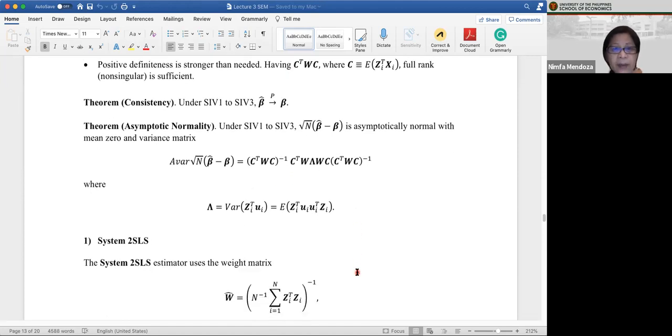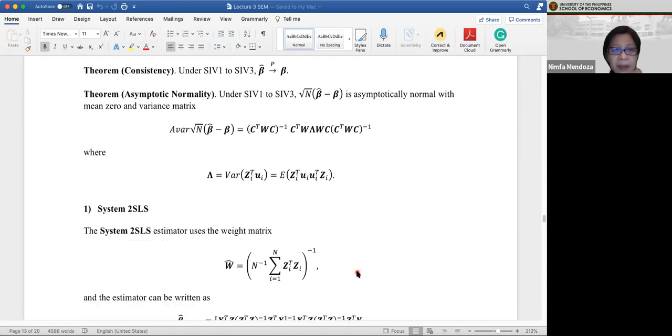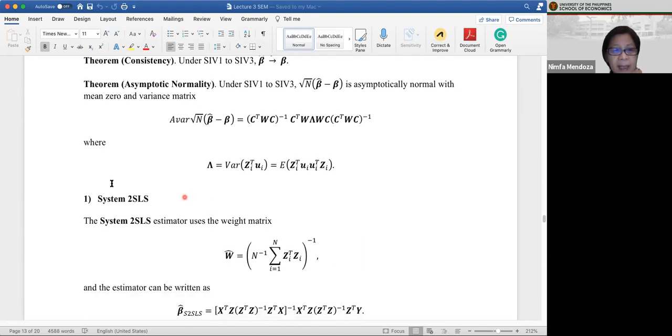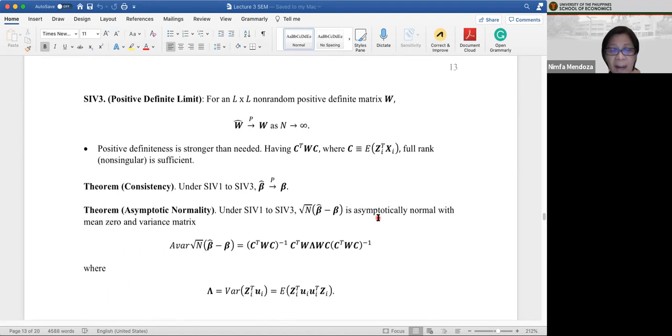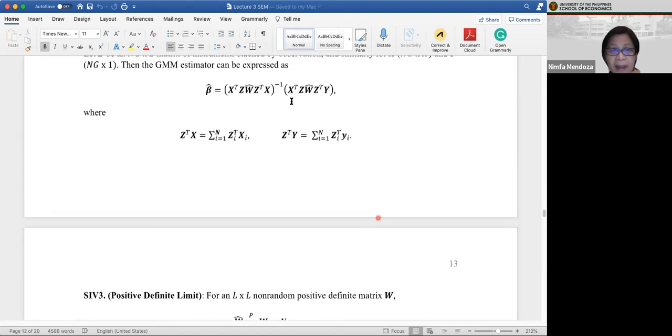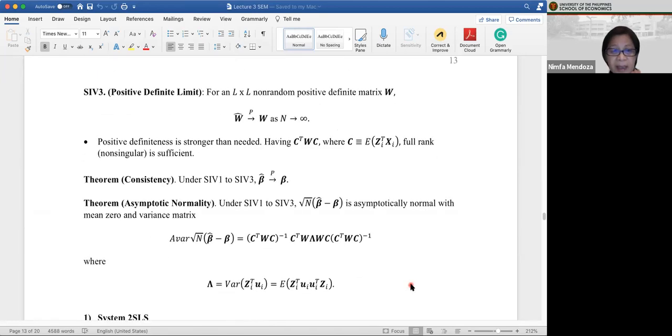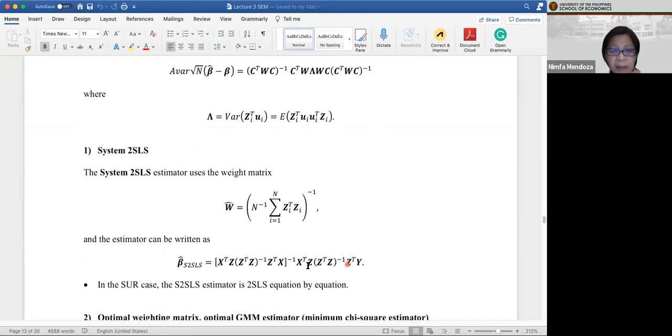Examples of the GMM estimator would be, one, the system two-stage least squares estimator, where W hat is specified in this form. If you substitute W hat in this equation, then you would get the system two-stage least squares estimator.